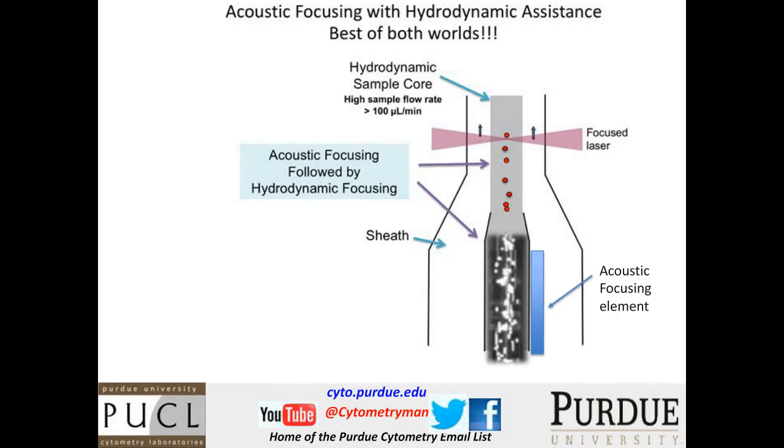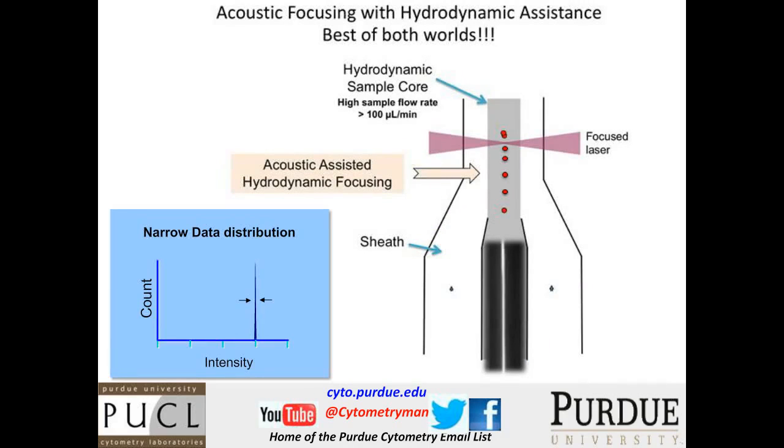And so the advantages here are that by the time the cells reach the hydrodynamic focusing area, they are already in line. And this allows you to increase the flow rate significantly without losing integrity of coefficient of variation, which, as we all know, is important.